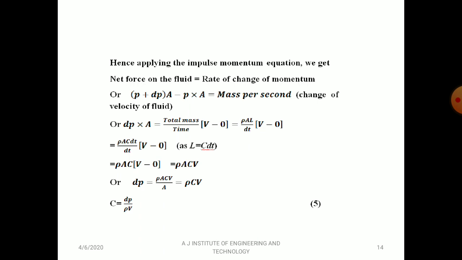The remaining expression is rho A c into V minus 0, that is equal to rho A c V. Or you can get the expression for dP: dP equals rho A c V divided by A. You can cancel the A terms here. Rho A c V divided by A becomes rho c V. So now you can get the expression for C equals dP by rho V. Take it as expression 5 upon rearrangement.